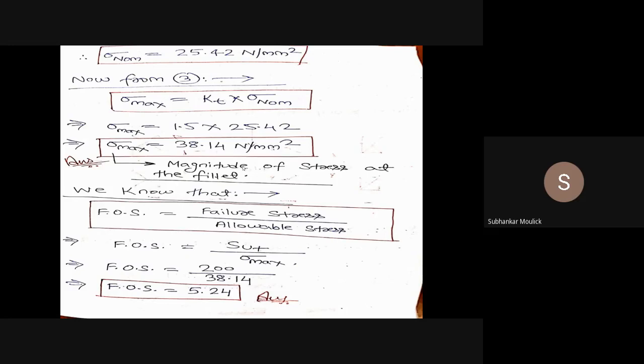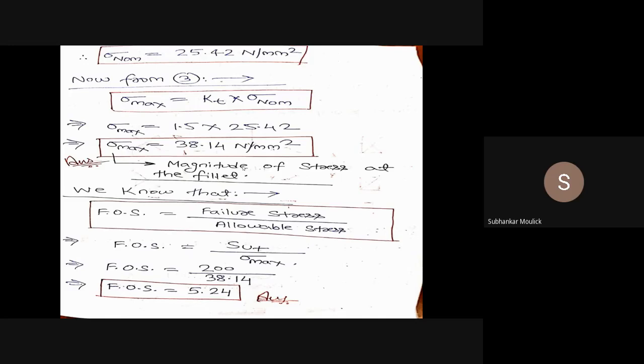Because if you are the design engineer, sigma nominal will not help you, because sigma nominal is not the maximum stress. If you give this component to a customer, that customer will not know how much the maximum stress is. He will apply load at any particular point in the component.